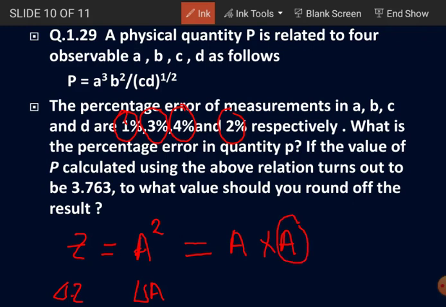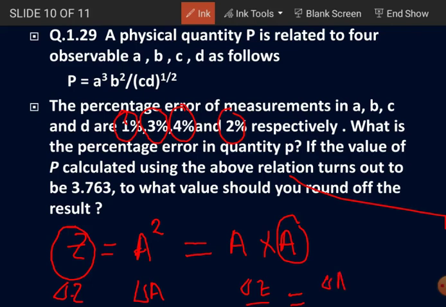So what happened? Your relative error will be delta z by z. As we have done in the case of product, the relative error in the measurement of z will always be the sum of the individual relative errors of the individual physical quantities.